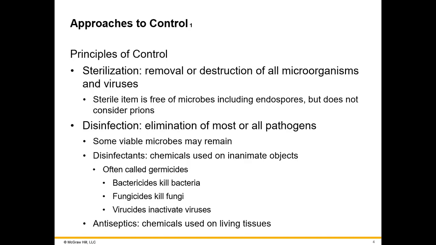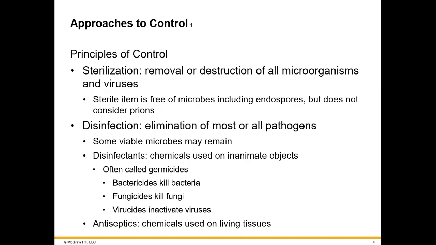The prion protein is a separate case, which we will talk about in one of the chapters separately. But it is a difficult protein to get rid of. Nonetheless, think of sterilization as the highest level of microbial elimination.